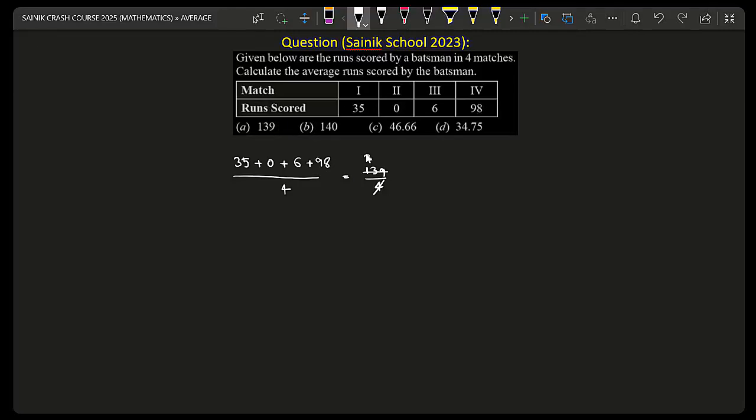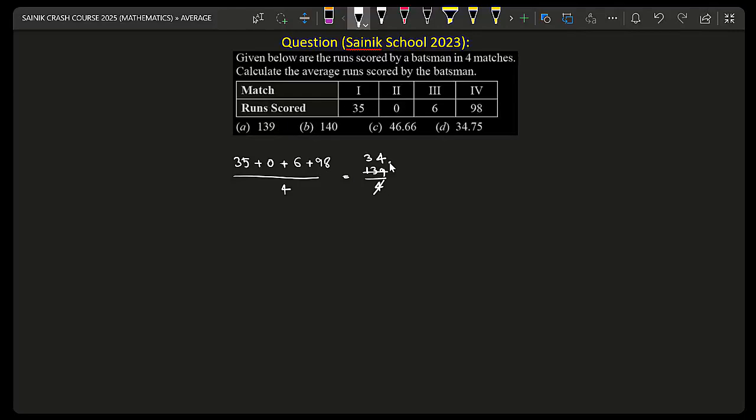So 4 table 19. 4 fours 16. 19 minus 16, how much is remaining? 3. Because of the decimal, 3 receives a 0. It becomes 30, right? Yes sir. 4 table 30.